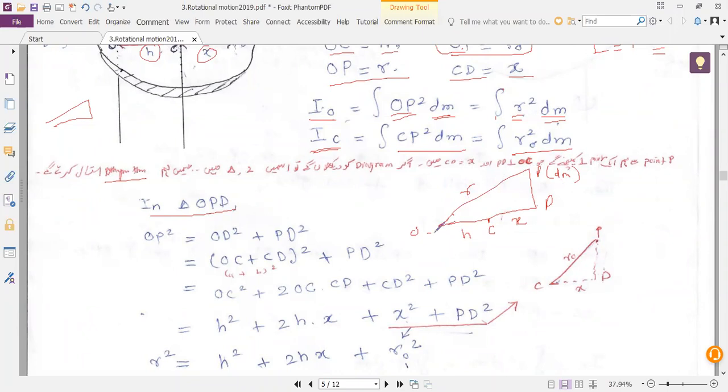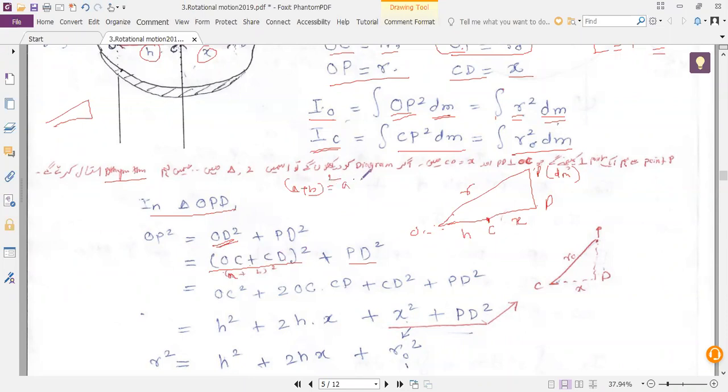Now in triangle OPD, what is the Pythagoras theorem? OP square is equal to OD square plus PD square. Now in OD we have two parts, OC and CD, so we can represent OD by OC plus CD. I hope you understand. And this PD part is as it is. Now this part is represented by the (A plus B) whole square formula, so we apply it with OC plus CD.